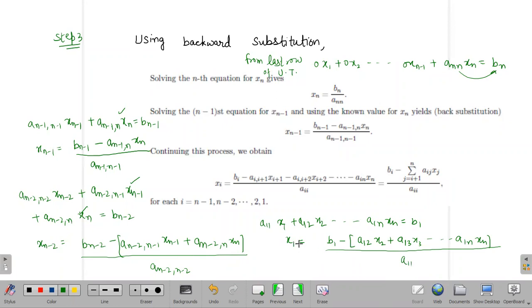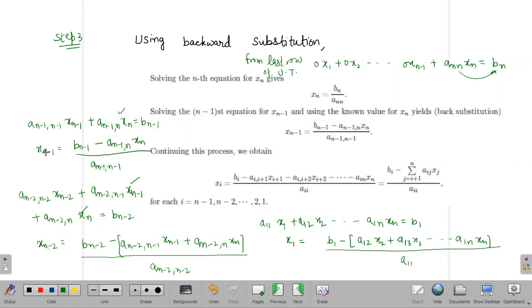So can you write xi? In general, if I want to write xi, it will be, because here you can see when you write x(n-1), it is b(n-1) here. And when you write x(n-2), it is b(n-2). When you write x1, it is b1. So xi will be bi here, first of all. Then minus, can I write it in the summation?